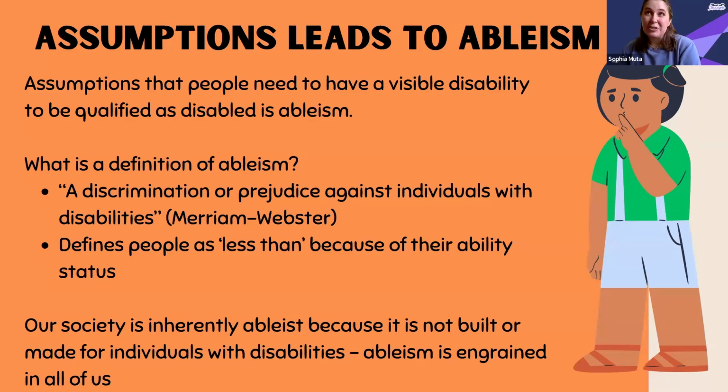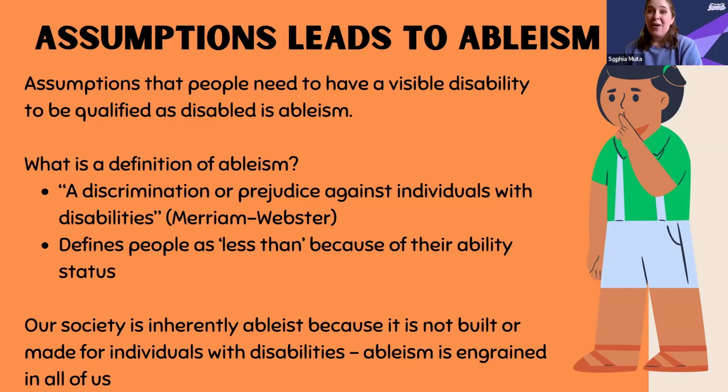Assumptions do lead to ableism, especially assumptions that people need to have a visible disability to be qualified as disabled is ableism. So a definition of ableism is, right, a discrimination or prejudice against individuals with disabilities. It defines people as less than because of their ability status. Our society is inherently ableist, right?